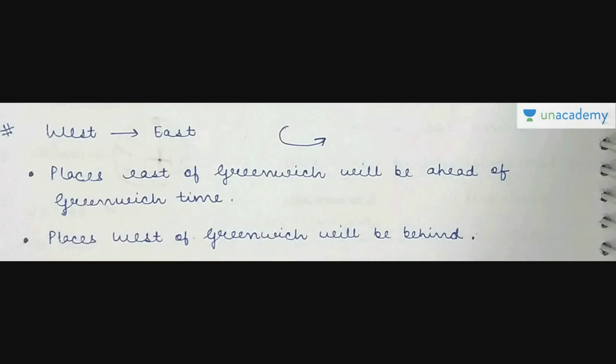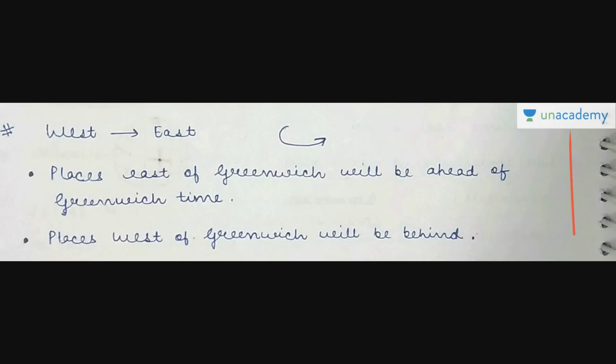Since the earth moves from west to east, the places which are east of the Greenwich or 0 degree prime meridian will be ahead of Greenwich time. What is ahead? Suppose the earth is moving like this from west to east. The prime meridian is here, and any place which is east of the prime meridian is here.